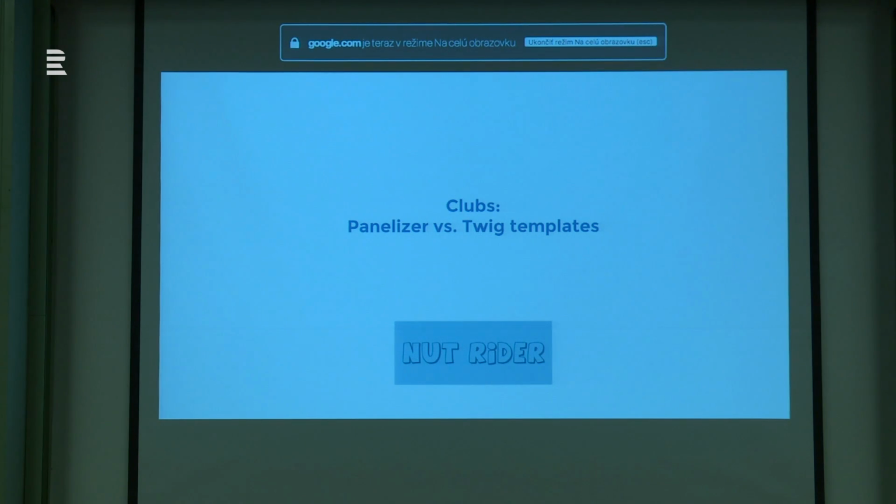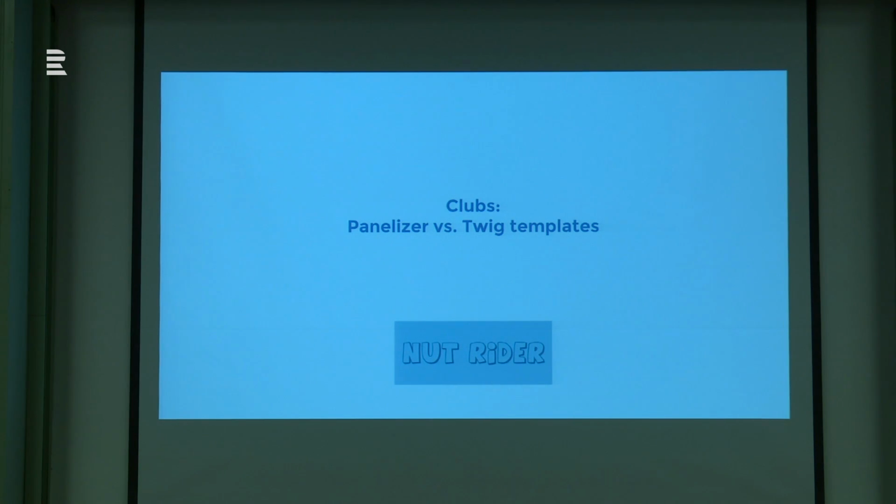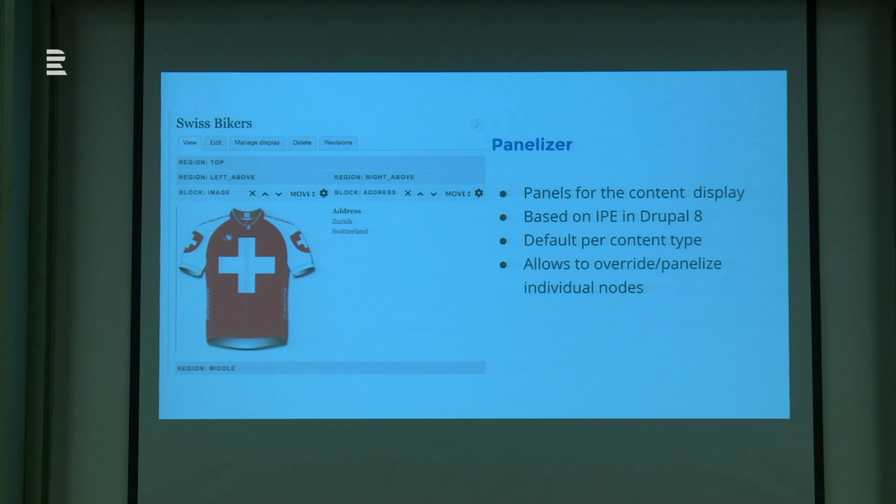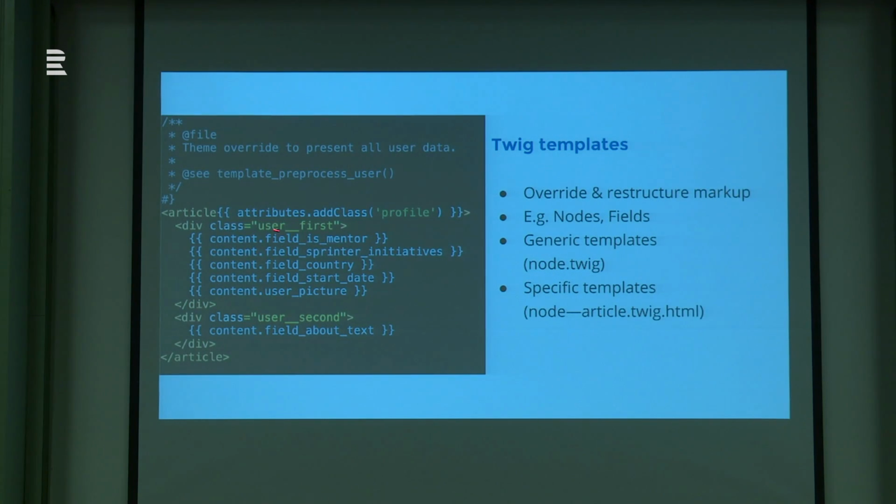The other version would be to just write your own twig templates, and as we are site builders, we will just skip that. But I can show you how it looks. In Drupal 8, the templates look a lot nicer. They have curly brackets instead of the sharp brackets and the PHP stuff in there.